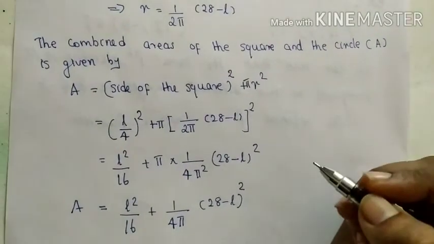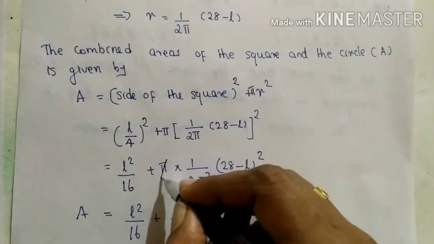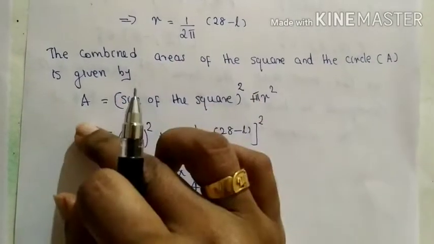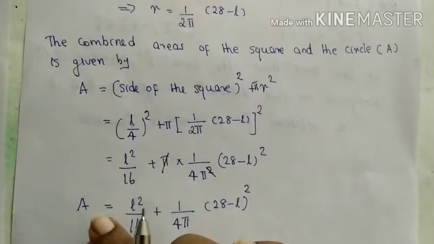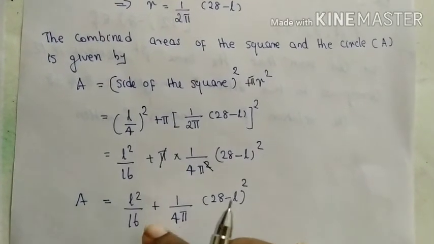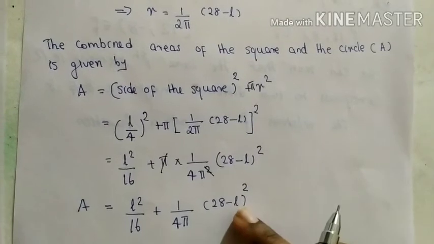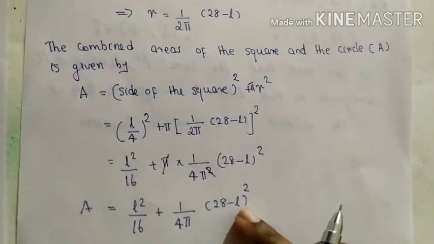Here the two pi cancel each other, and we get the combined area A equal to L square by 16 plus 1 by 4 pi (28 minus L) square.